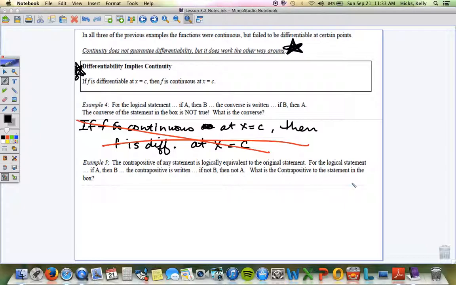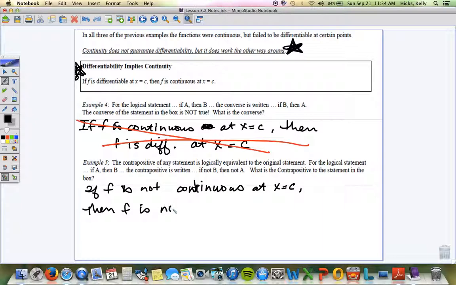What is the contrapositive to the statement in the box? Well, it would be, let's see, if f is not continuous at x equals c, then f is not differentiable at x equals c.